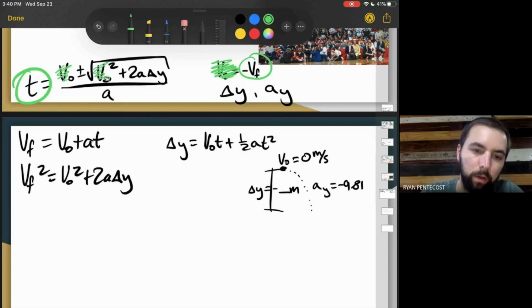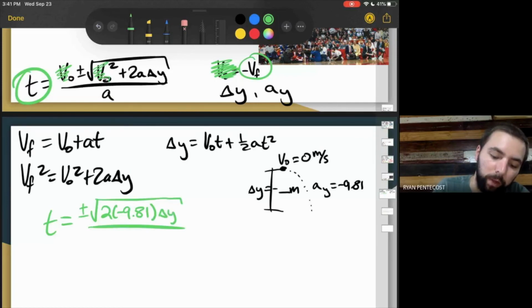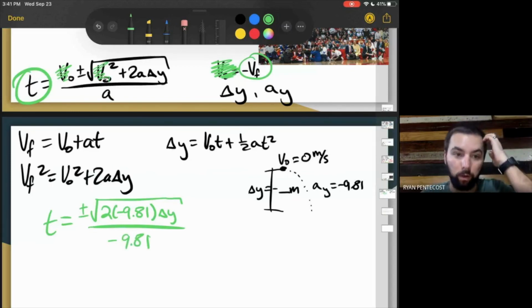Then we have the square root of 2a delta y over a. Let's see what that is, okay? So if you measured your jump, your hang time will be plus or minus the square root of 2 times negative 9.81 times your delta y. Remember, delta y should be negative, all divided by negative 9.81. Okay, and that's how you can calculate your hang time.